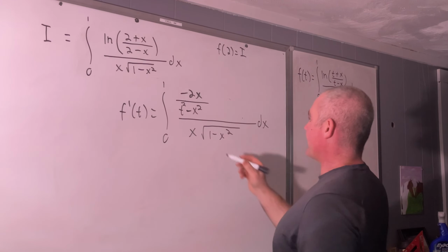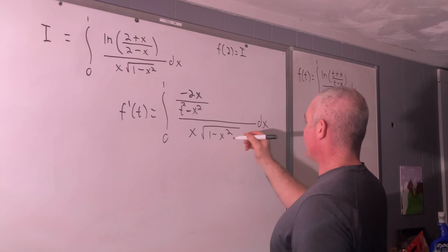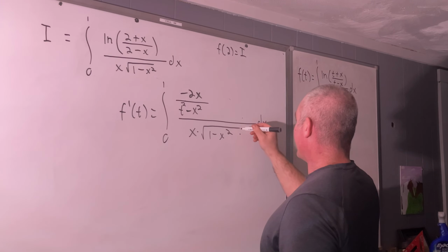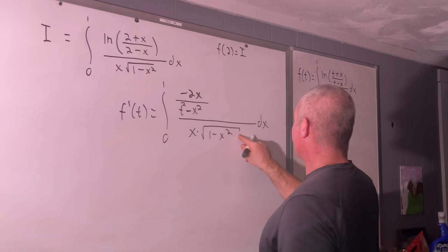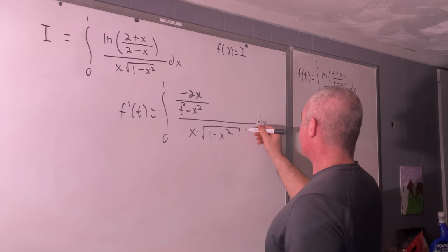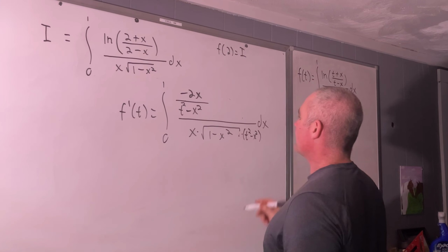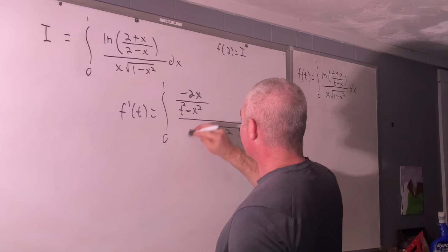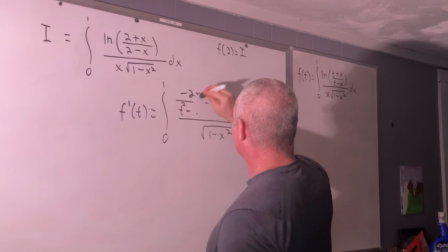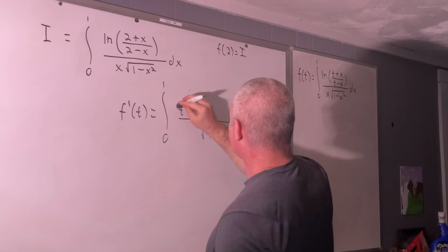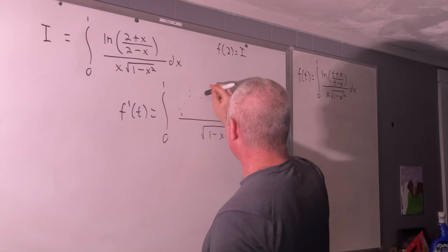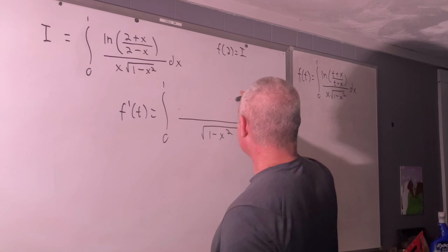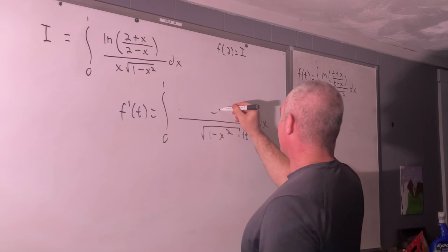And we'll bring that down to the bottom times t squared minus x squared. All right, this x will cancel with this x, leaving us nothing but a negative 2 on top. Negative 2.